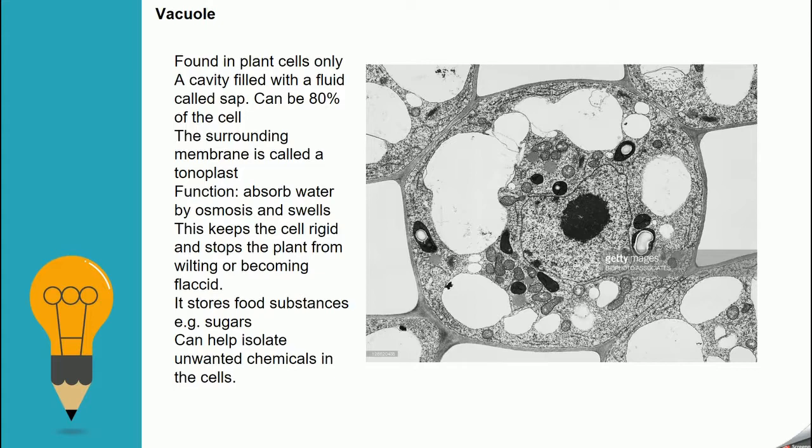The function of this vacuole is to absorb water by osmosis and swell, and this swelling keeps the cell rigid and stops the plant from wilting or becoming flaccid. And it also is a food storage, and so it stores things like sugars, and also it can help isolate unwanted chemicals in the cell.